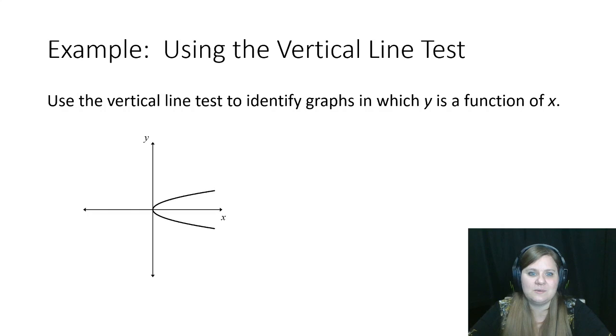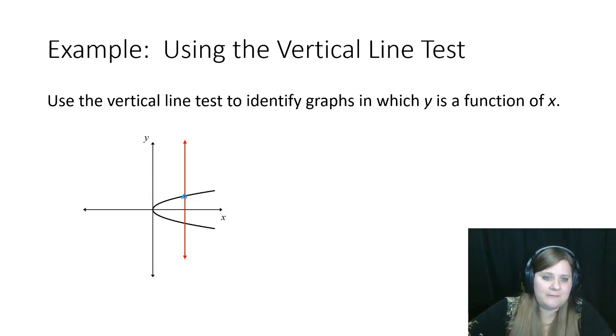Okay, so let's start with this one. Is this a function? Well, can I draw a vertical line that goes through more than one point? Yes, I can. And because I can, this fails the vertical line test.